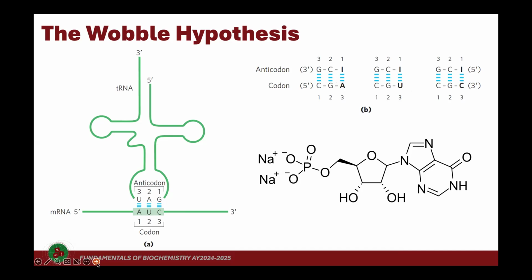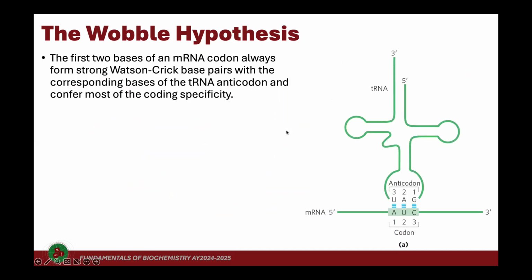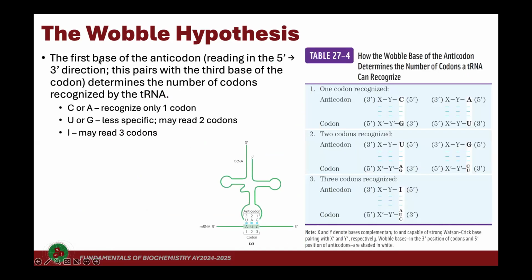So the existence of this different nitrogenous base in your tRNAs, and of course, more specifically in the anticodon of tRNA molecules, further establishes this wobble hypothesis. Okay, so another statement of your wobble hypothesis is that the first base of the anticodon, that is the one that is paired with the third base of your codon, determines the number of codons recognized by that specific tRNA.